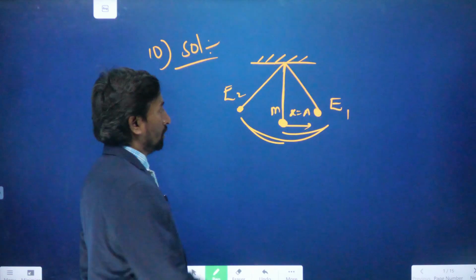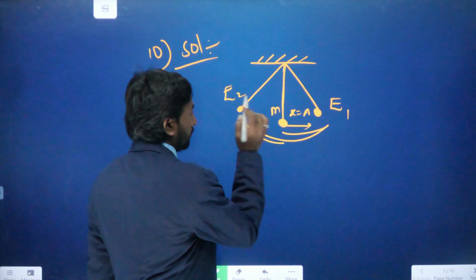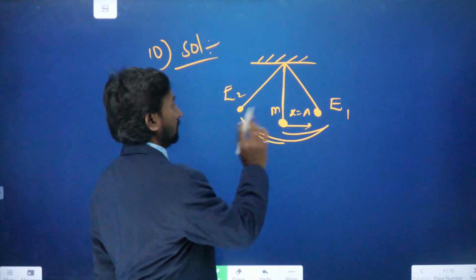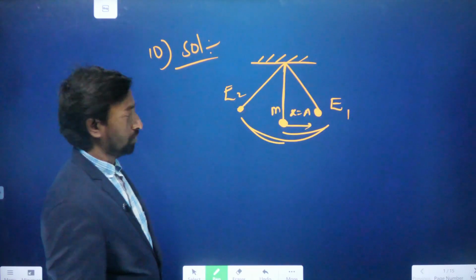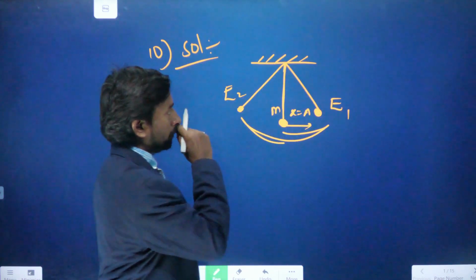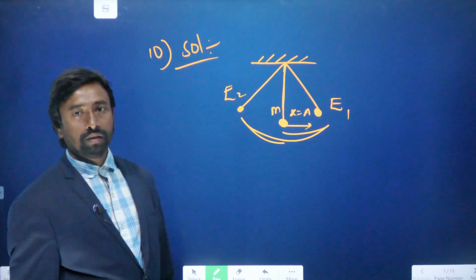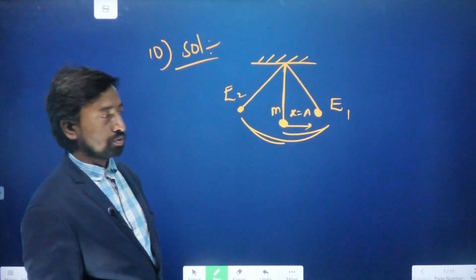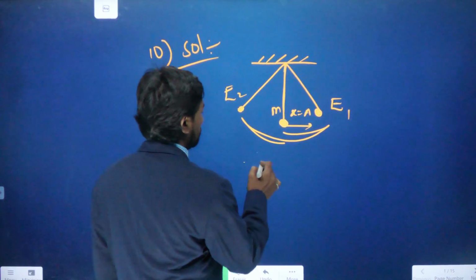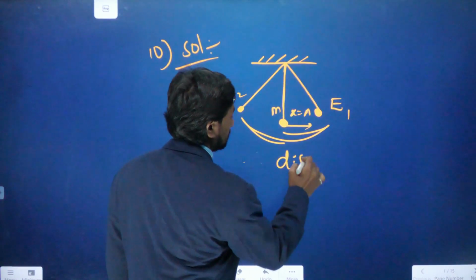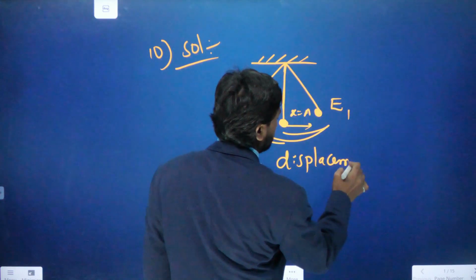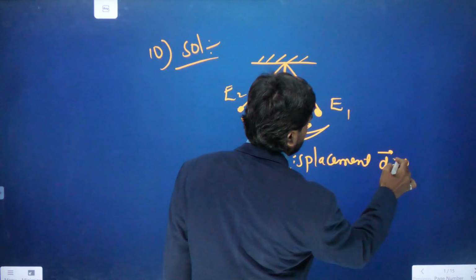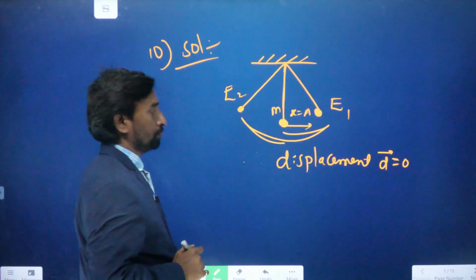So the ending point and the starting point of the simple pendulum are at the mean position. So in one oscillation the displacement of the particle will be 0, because there is no difference between the initial and final position. Therefore displacement d bar is equal to 0 in one oscillation of a simple pendulum.